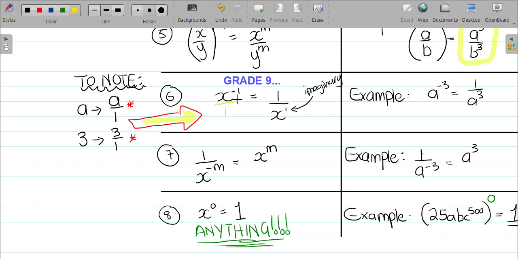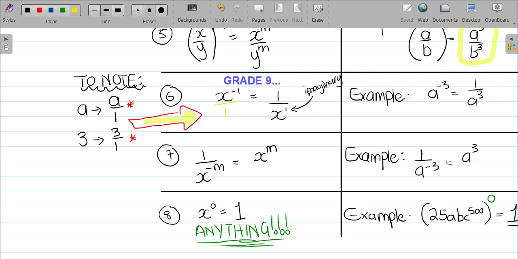And now to simplify this, you will take the x all the way to the bottom, and then you will change the negative exponent, which was -1, to a positive, and you will keep the 1 at the top as a placeholder. So this is how it works.